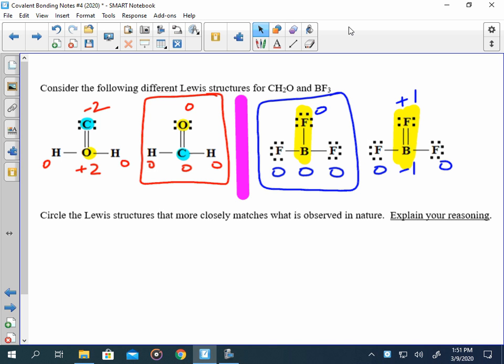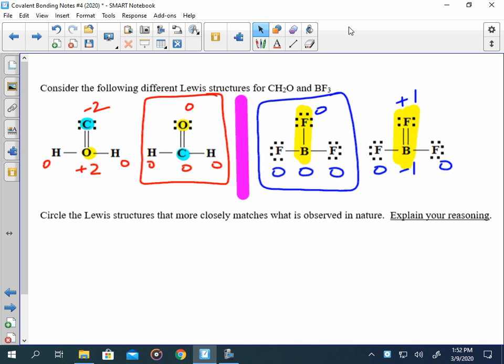Alrighty. And please take a moment and look up at the board when you get a chance. Again, our goal is to minimize formal charges. And the one that I think is most interesting is on the far right, where we say, but why in the world would boron not want an octet?